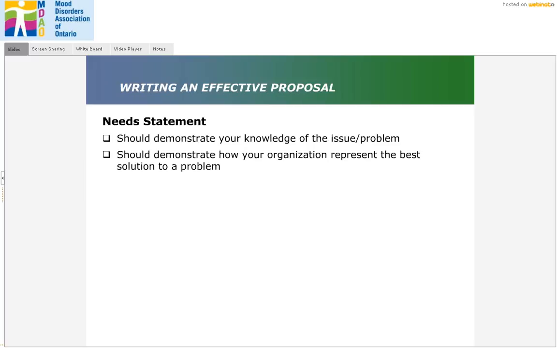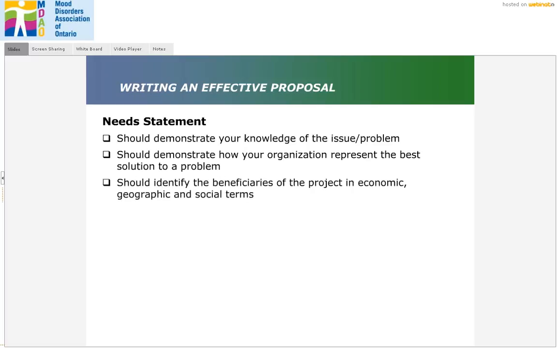It should identify the beneficiaries of the project in economic, geographic, and social terms. It should also, of course, be linked strongly to the interest and mandate of the funding agency or foundation.